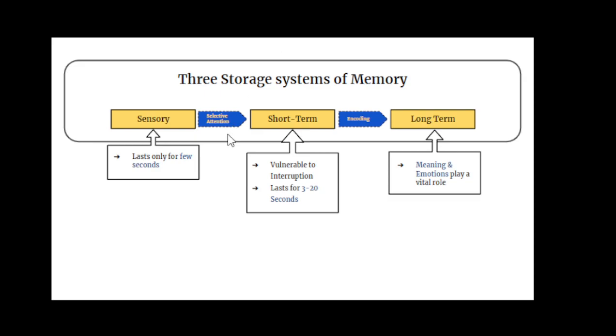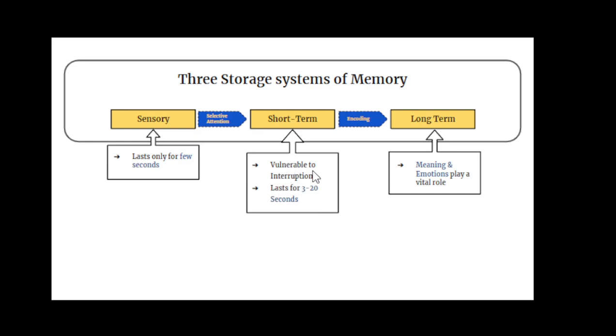So yeah, depending on our attention, the data is transferred from sensory memory to short-term memory, and after that from short-term memory to long-term memory. Now in the sensory memory, the memory lasts for only very few seconds, 2 to 3 seconds maximum. And in the short-term memory, memory lasts for 3 to 20 seconds, and it is vulnerable to interruption.